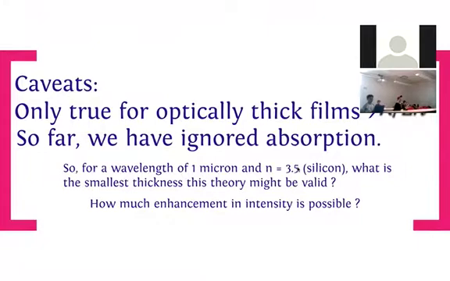It turns out to be about 24.5. So that's a pretty significant increase in intensity. So just by the fact that silicon has a high refractive index of 3.5, and by putting a reflector behind it, we can get a 25 times increase in the intensity of light inside the silicon. So that's really, really good news, right? Because that really helps us to drastically increase the absorption probability.